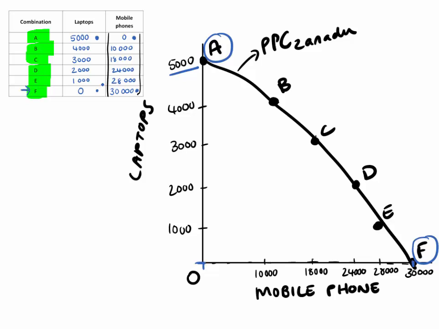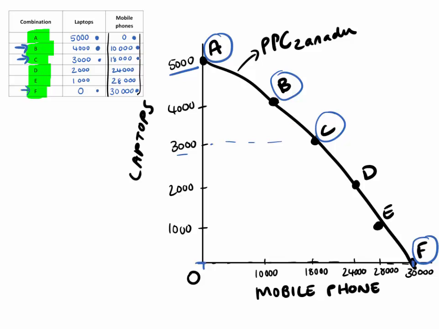Now let's go to the points in between. Point B, we have 4,000 laptops and 10,000 mobile phones. It's the same on the table. Point B shows 4,000 laptops and 10,000 mobile phones. Then point C, we see on the table here, can produce 3,000 laptops and 18,000 mobile phones. It's the same in the table.